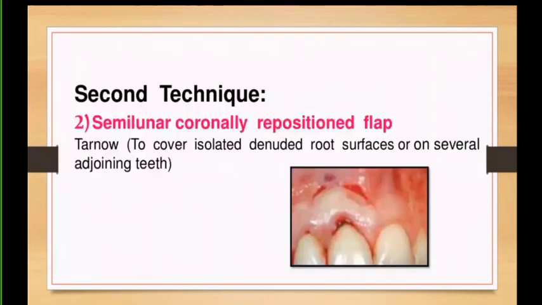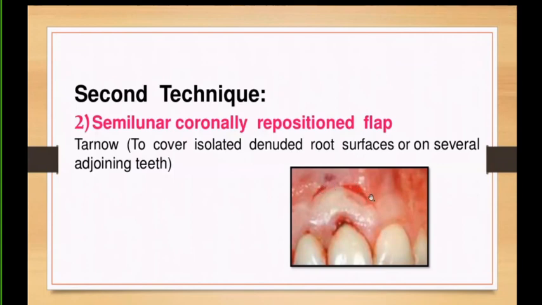What is the second technique? This is the semilunar coronally repositioned flap. It is used when the recession is very small, like 2 mm or 1.5 mm, but the patient is still not happy and wants the recession covered.